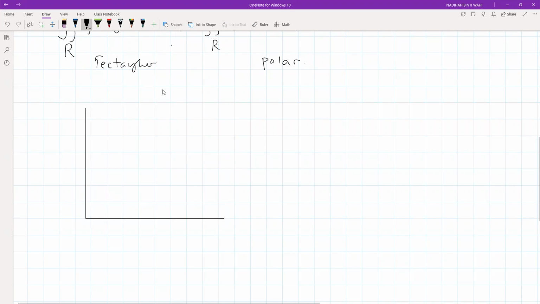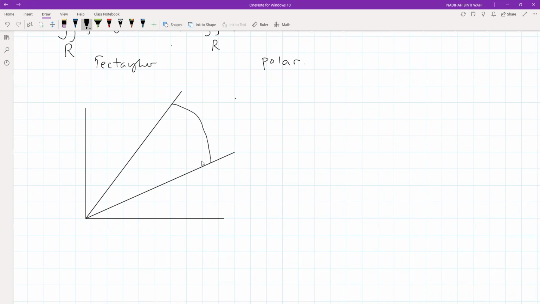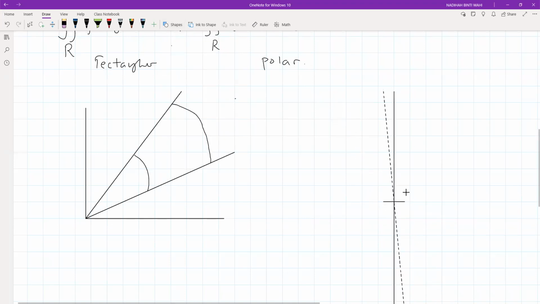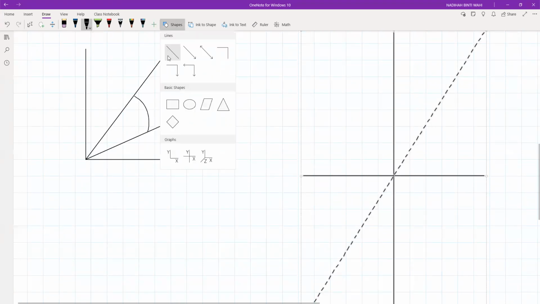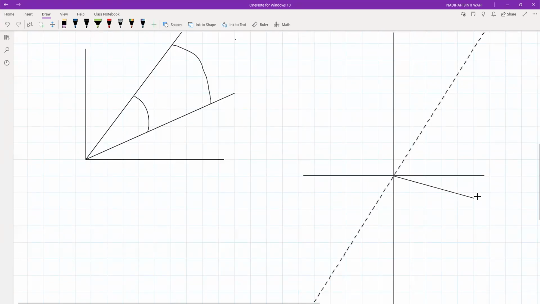Okay, let's say I have this segment ataupun sector. Okay, yang kat sini. Right. So kalau awak bayangkan, if you imagine that this is in three-dimensional axis, sektor ni dia duduk di sini.